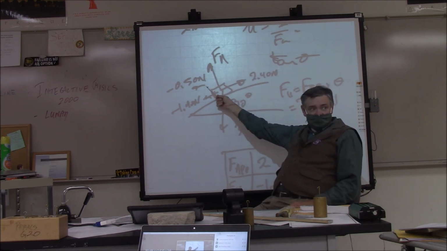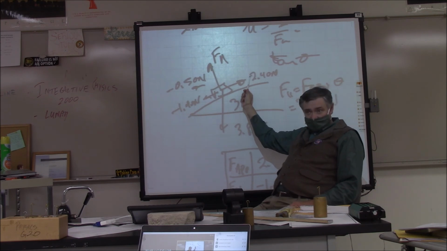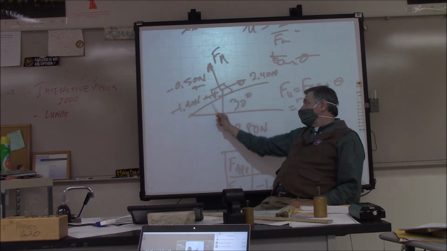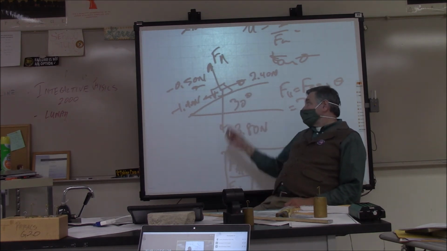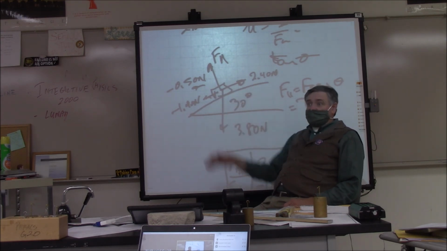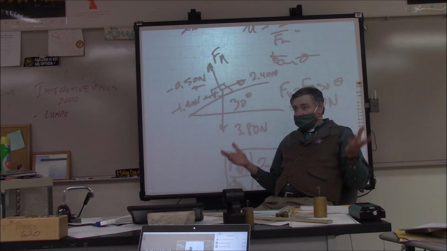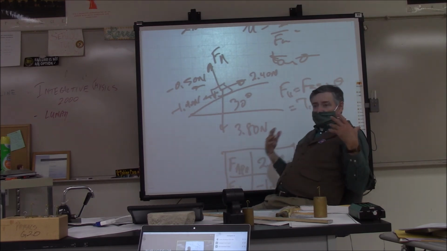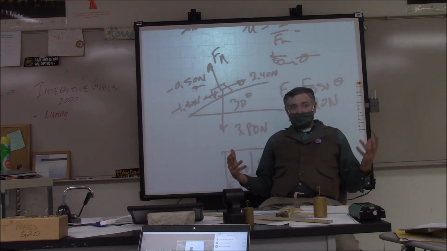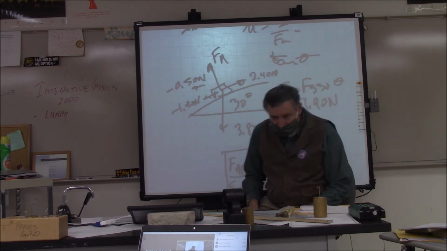Sometimes you're going to have force friction, sometimes an applied force, but you're always going to have at least those 3. So when you get done, this is what it should look like. And again, I want to see the scale. Did you let 1 centimeter equal 1 newton? Did you let 2 centimeters equal 1 newton? What did you do?